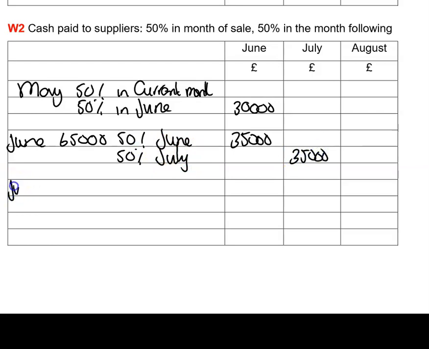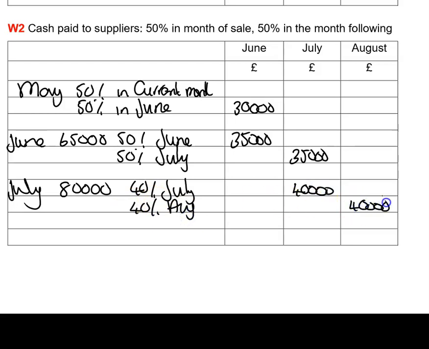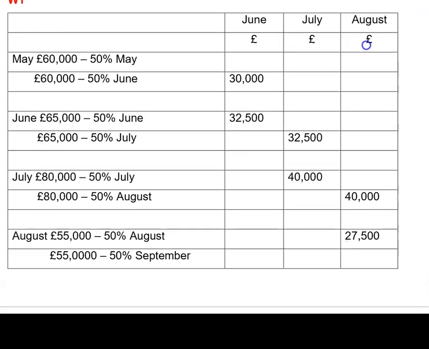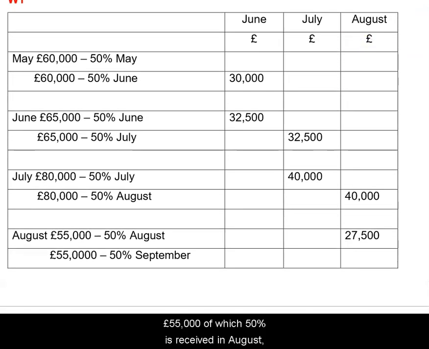And then for July, we've got 80,000, 40% in July, and 40% in August. I've done a completed table here below. We finished it off with the last month with 55,000, of which 50% is paid in August.